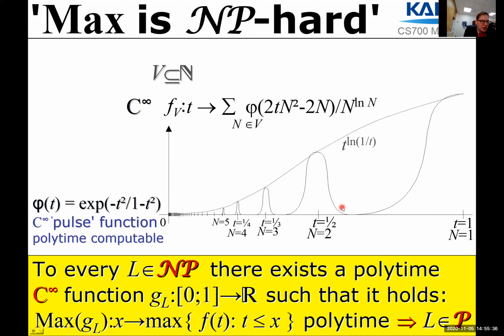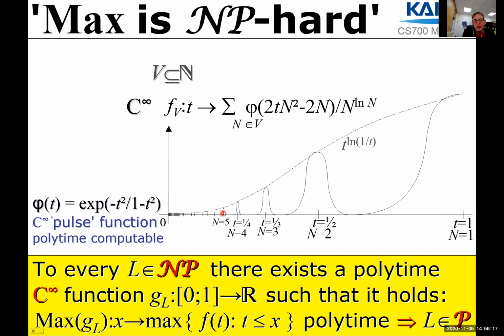Polynomial time computable, how can we compute that in polynomial time? Well, the argument is t, right? And our algorithm can look in which of these intervals t lies. Technically we need to use this join operation at the shared interval bounds, but the main part is we can check in which subinterval t lies and then invoke the corresponding scaling and invoke the algorithm computing the thus scaled pulse function, which is a polynomial time algorithm.